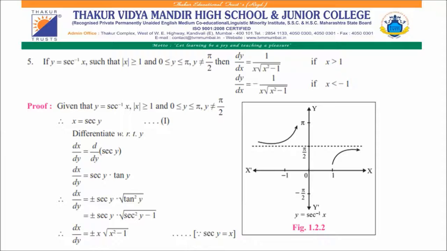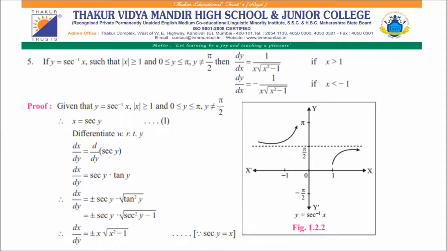Okay, see the proof. y equals sec inverse x, it is given, and the conditions are written here. Therefore, we can take x equals sec y. Differentiating with respect to y, we get dx upon dy equals d by dy of sec y. The derivative of sec y is sec y into tan y.